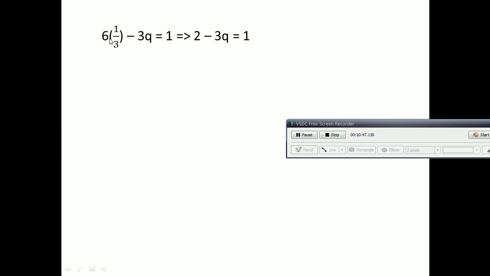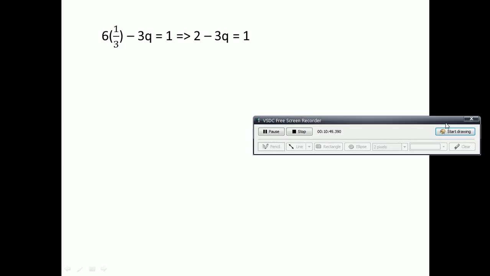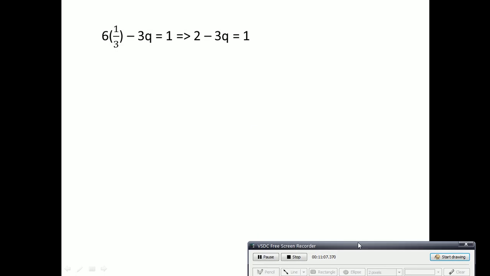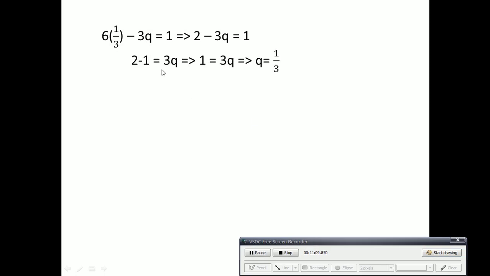Students, this 3 and 6 will be cancelled, so it will be 2 minus 3q is equal to 1. Now this 3q will be shifted there, 1 is shifted there, and 3q is negative, so it will be positive now. So 2 minus 1 equal to 3q. So value of q will be 1 by 3.